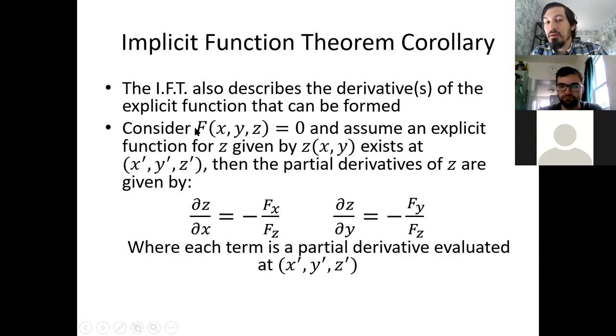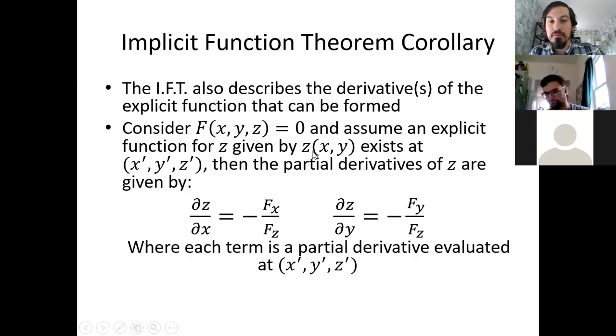Once again, let's assume capital F of x, y, and z is an implicit function, and let's assume an explicit function for z, given by z of x and y, exists. By the way, what was the implicit function theorem again? It's that df/dz, the variable that's by itself, should not be equal to 0.